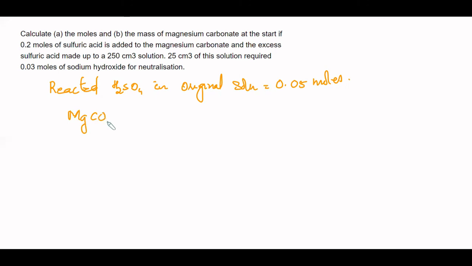It is magnesium carbonate reacting with sulfuric acid to give MgSO4 plus water plus carbon dioxide. This is a balanced equation and you don't have to balance it.